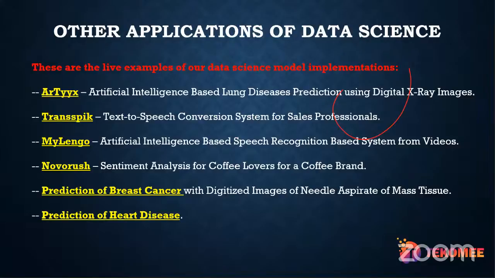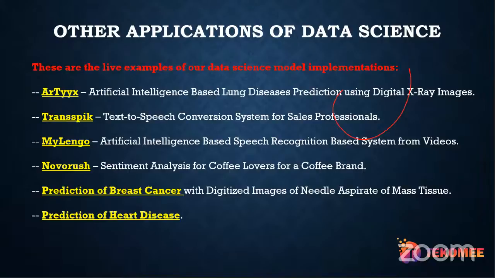the second most famous beverage that is drunk in India, and in some other countries it's the most preferred beverage. In India, tea is the first one. After tea, it's coffee. So it is very important for a coffee brand to understand how they can serve their customers well.